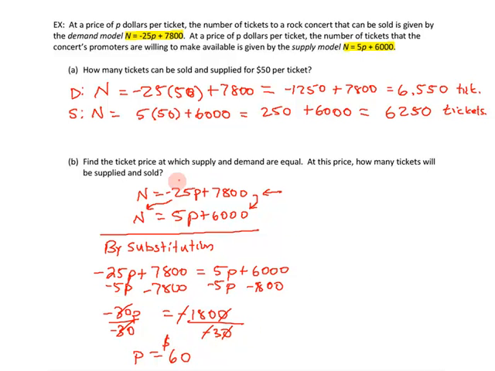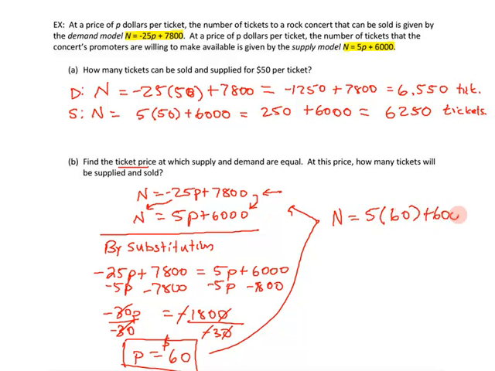Now, I can still find what the supply and demand for the number of tickets are, but the first question was, what's the ticket price? There's the ticket price. So how many tickets will we have? How many will be sold? To figure that out, plug it back into one of the original equations. That is, take N is equal to, say, 5 times 60 plus 6,000.